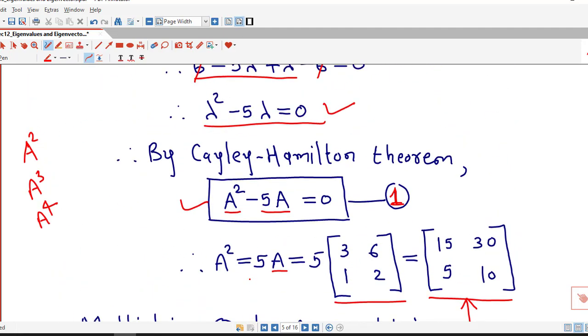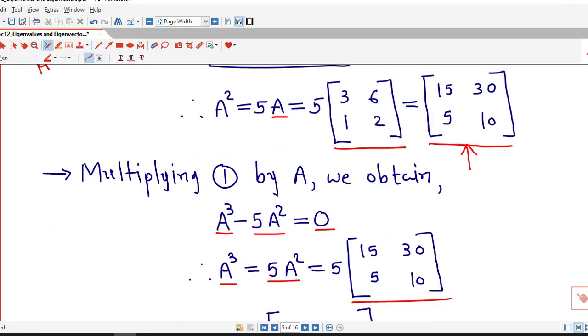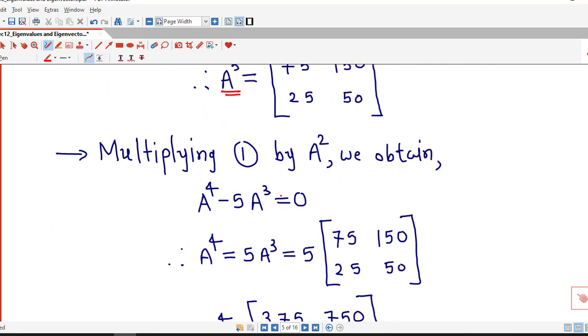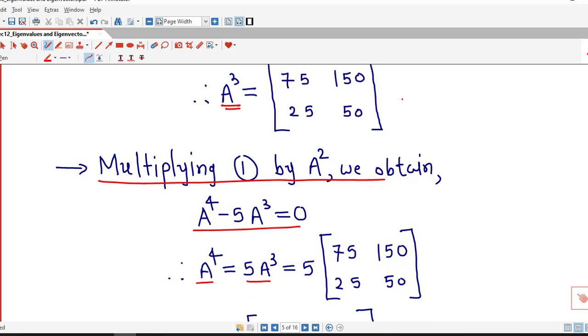Similarly, to find out A raised to 4, we multiply this equation by A square on both sides. So multiplying 1 by A square, we obtain A raised to 4 minus 5A cube equal to 0, and this equation gives us A raised to 4 in terms of A cube, and A cube we have already calculated.